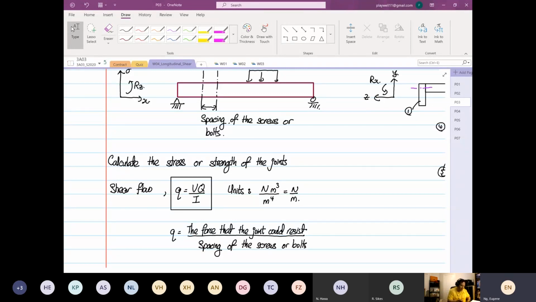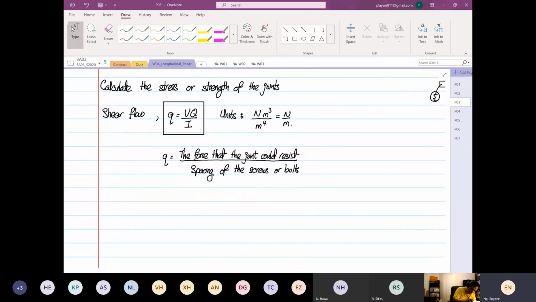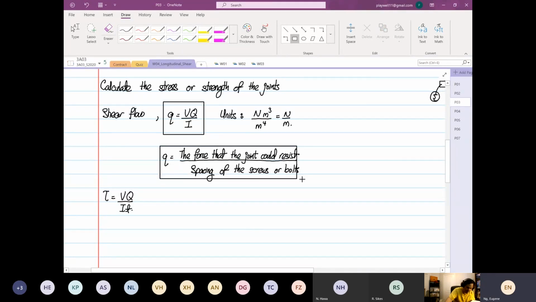And then we know that the shear stress is also equal to VQ over IT. So three formulas, as I mentioned. In fact, this formula that I'm drawing now is not really a formula. I wouldn't call it common sense. It's just the force that the joint could resist divided by the spacing of the bolt.